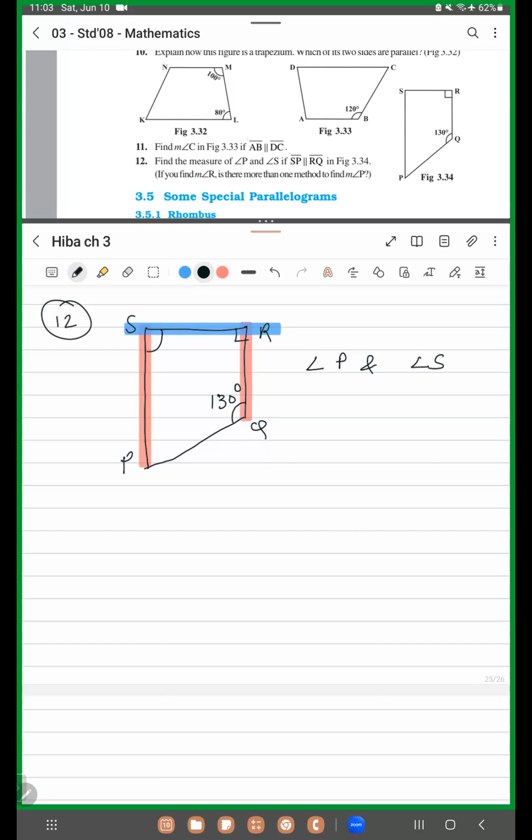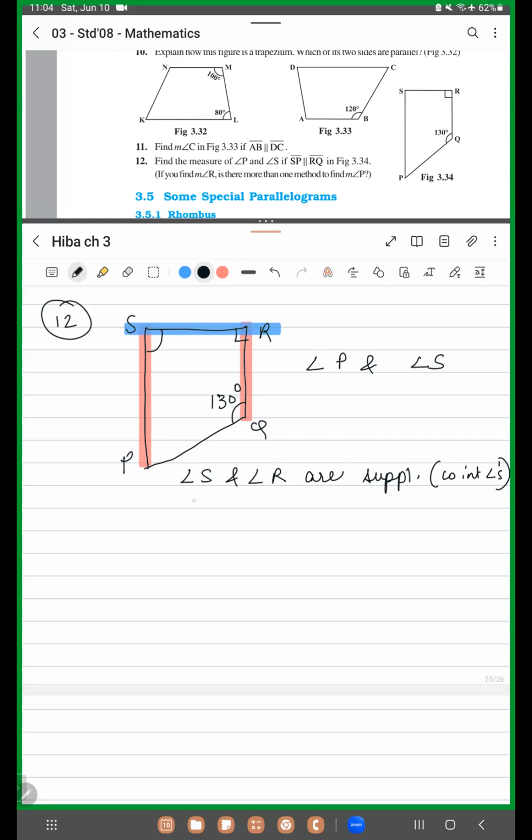Yeah, they are both co-interior angles. So I guess there's some reason, S and R. So I guess the sum will be 180 degrees. In other words, S and R are supplementary, because they are co-interior angles, right? Very good.